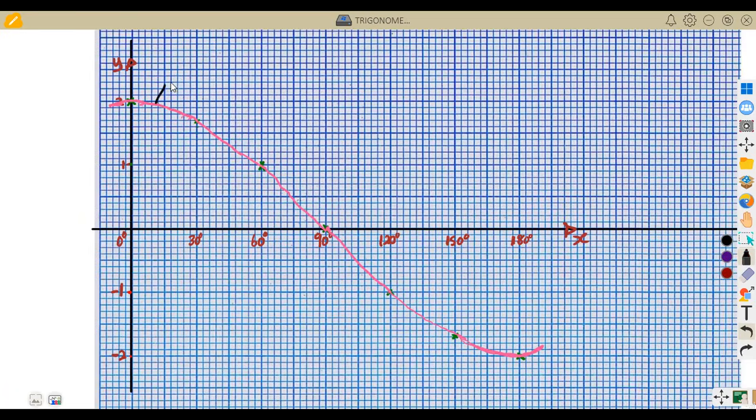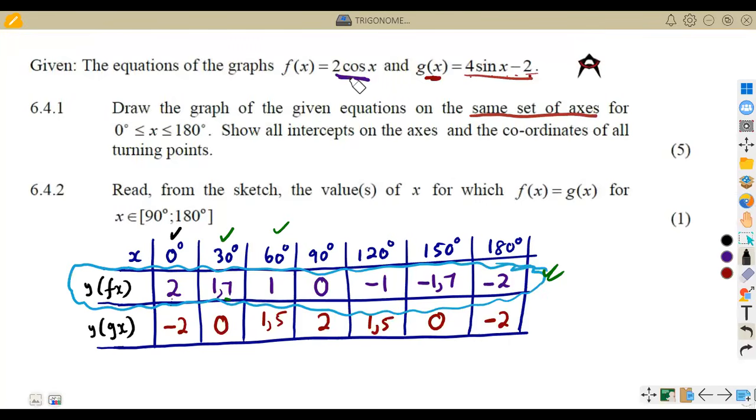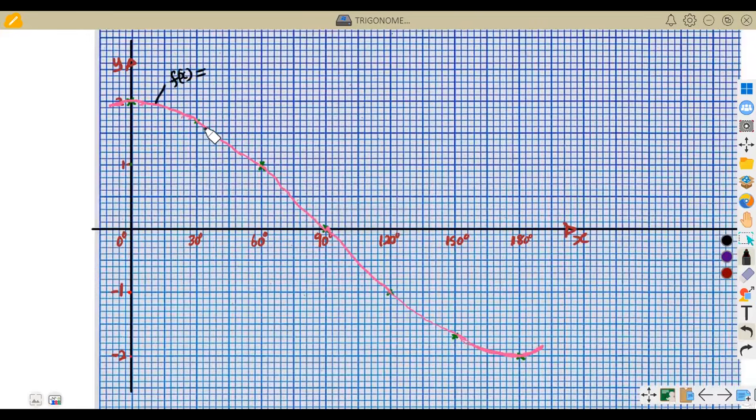As we saw, we're talking about f of x here, which is equal to, take note, our graph of f of x here is equal to what? 2 cos x. So this is equal to 2 cos of x. All right, so as we can see, from the last time that I was explaining, from this graph, we are going to see the maximum value is going to be at 2.